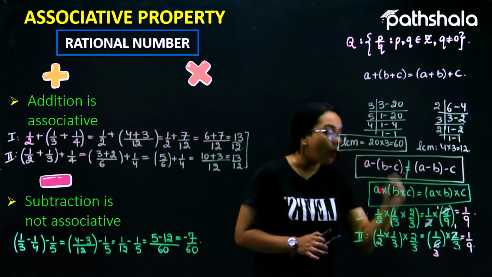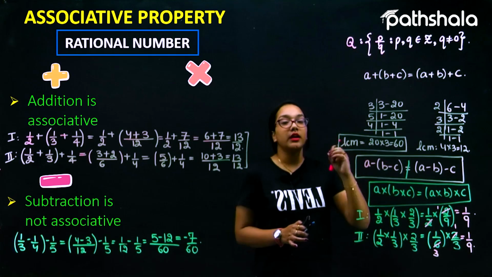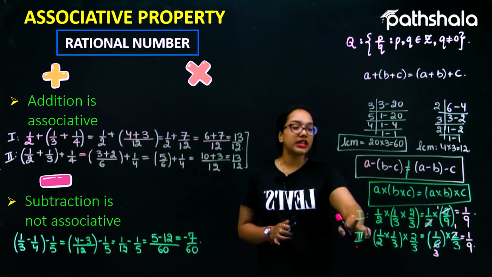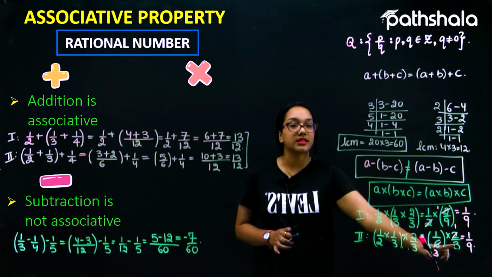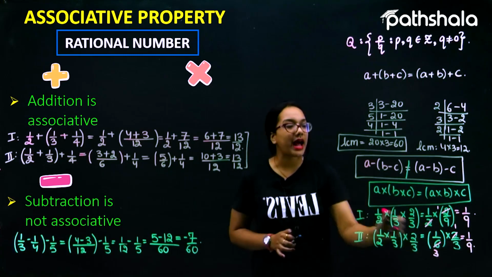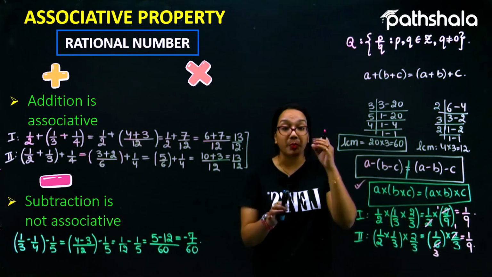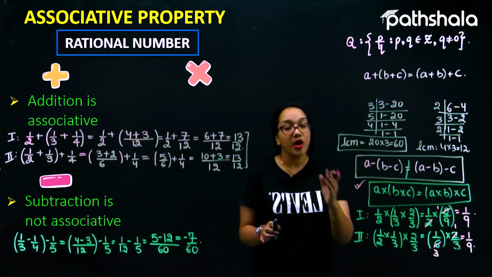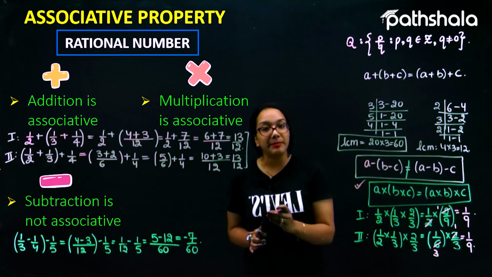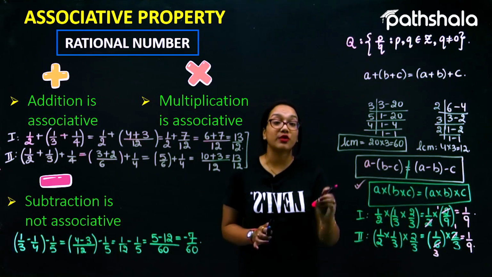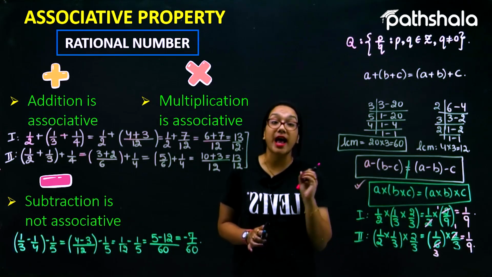So what is the conclusion over here? The conclusion is that for the first case we are getting the answer as 1 by 9, and for the second case we are also getting the answer as 1 by 9, which means that this particular condition holds. It means that in the case of multiplication, the rational numbers are associative in nature.